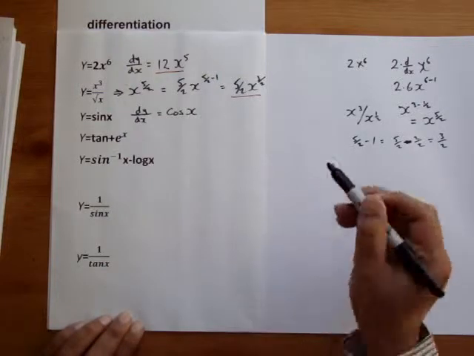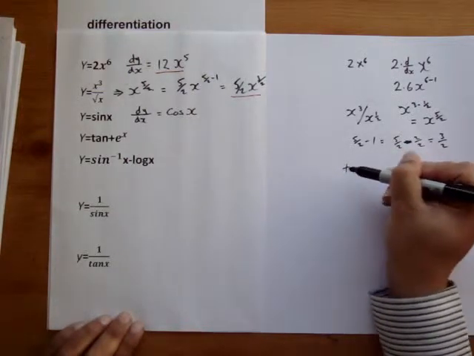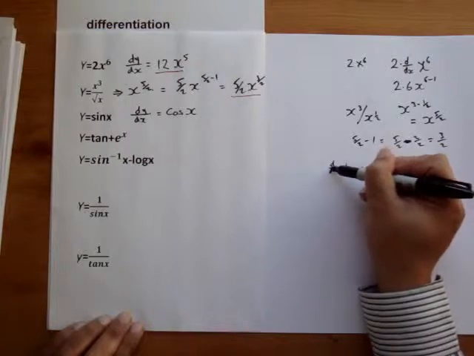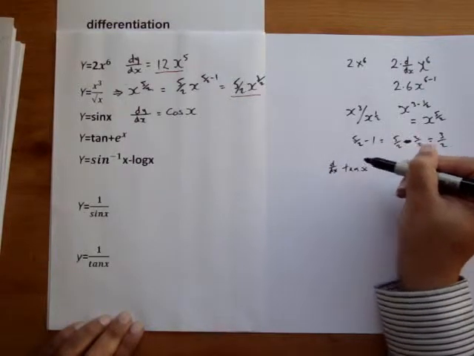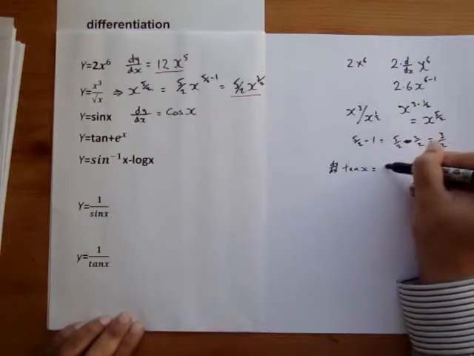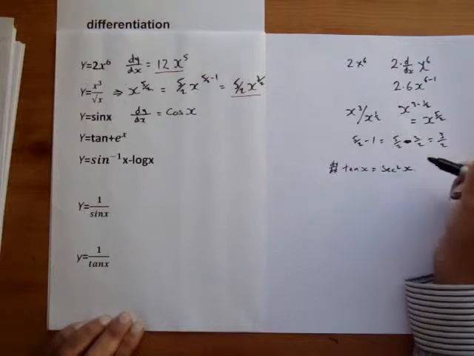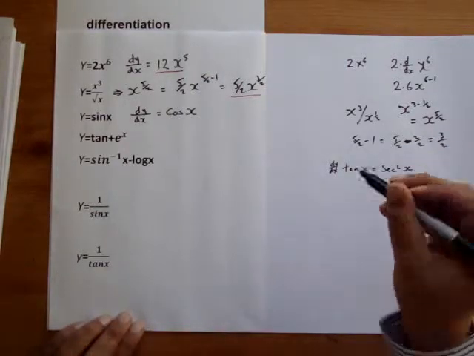So the derivative of tan x is sec squared x. We should know that from our rules on differentiation.